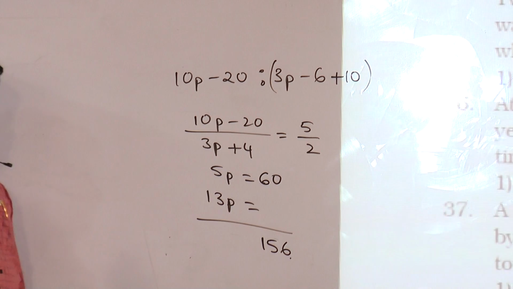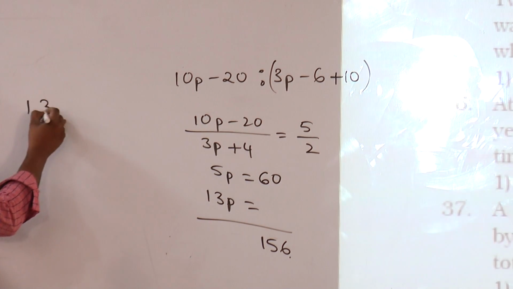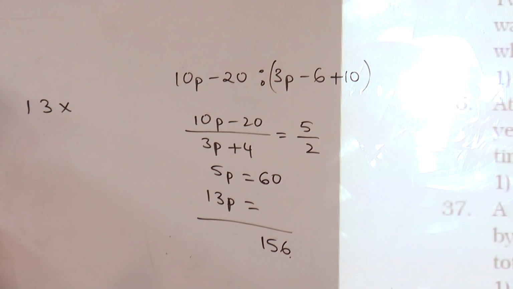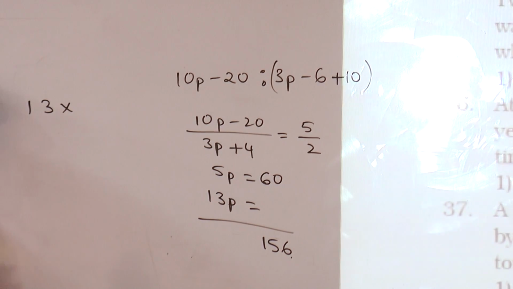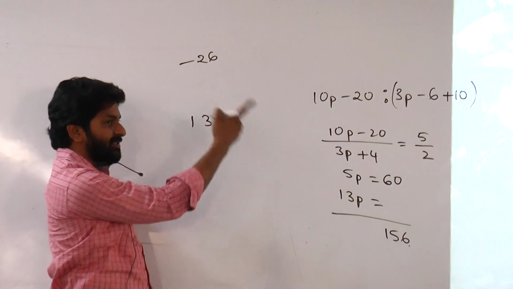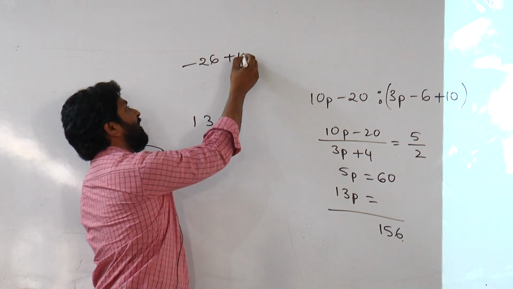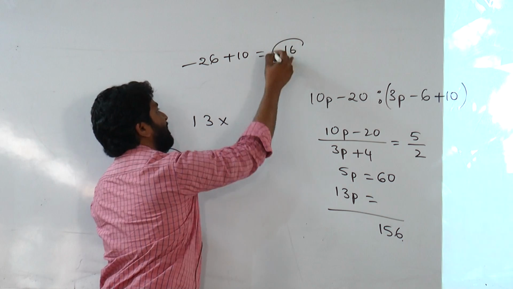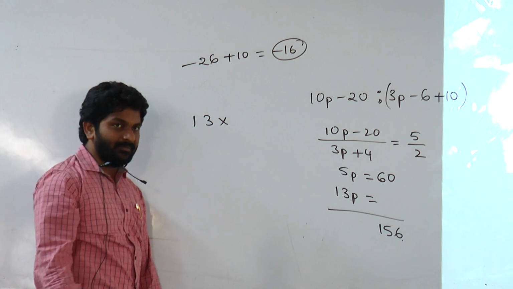If you want to verify it from options, first of all your answer must be a 13 multiple. And at the same time, from the initial quantity you are taking 26 liters and then again you are adding 10 liters. So overall effect is you are taking 16 liters out.